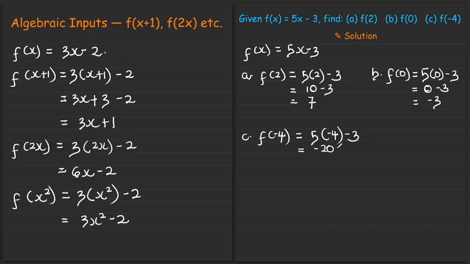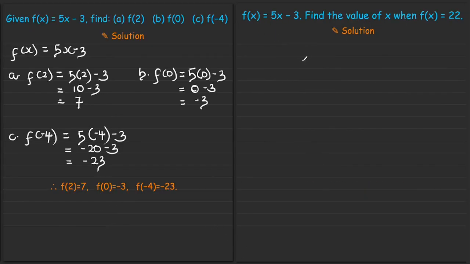We have negative 20 minus 3, which then yields negative 23. So we can conclude by saying, therefore, f of 2 gives us 7, f of 0 gives us negative 3, and f of negative 4 gives us negative 23. Let's look at our question number 2.